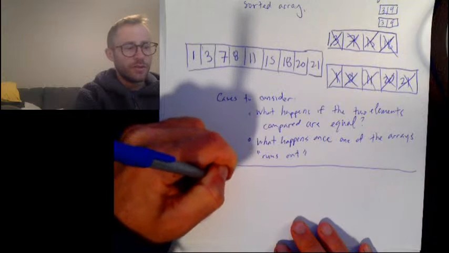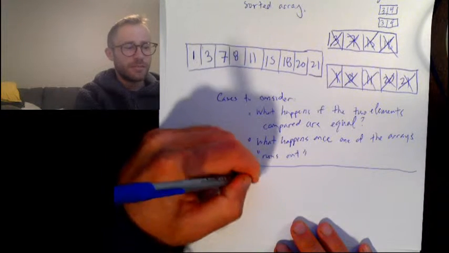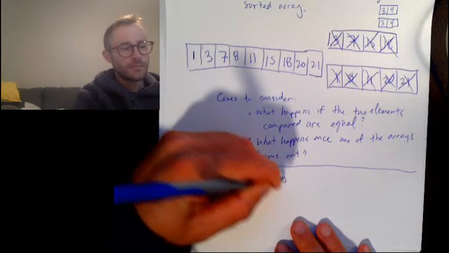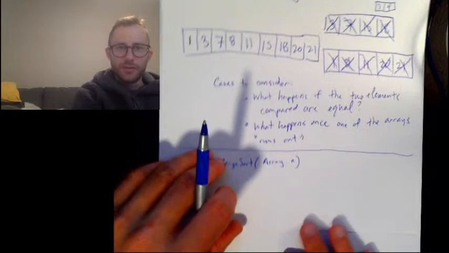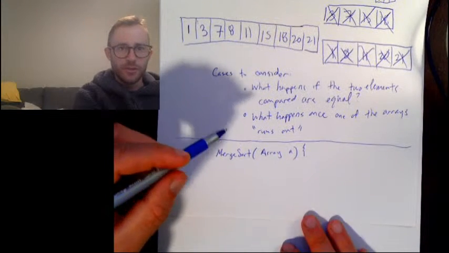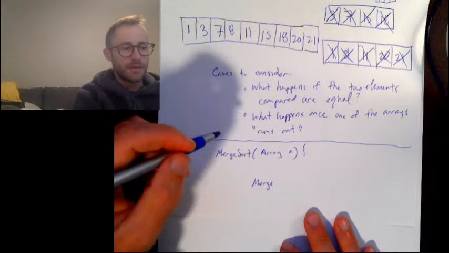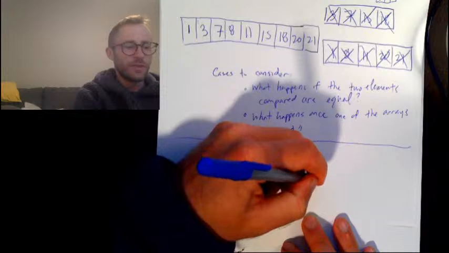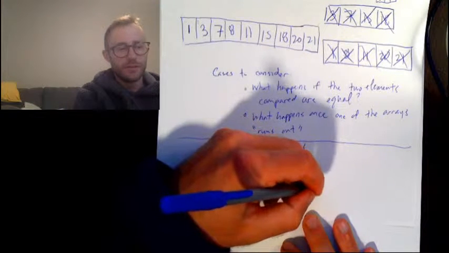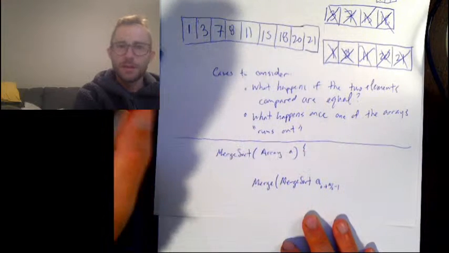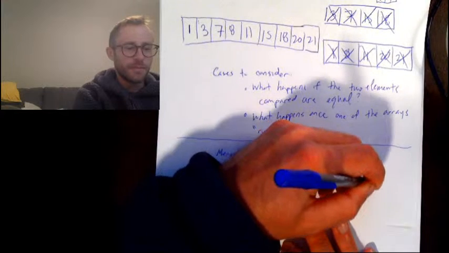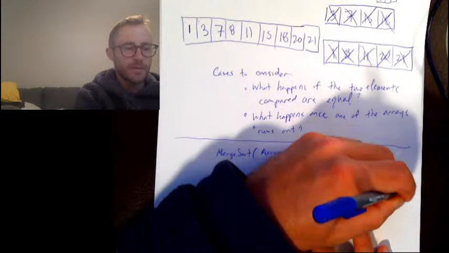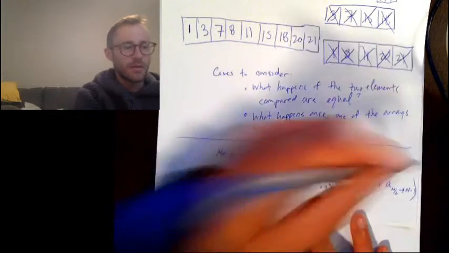The way that merge sort works is it takes in an array, and what it's going to do is merge together the merge sort of the front half, 0 to n over 2 minus 1, with the merge sort of the second half. Okay, so that's how it works.